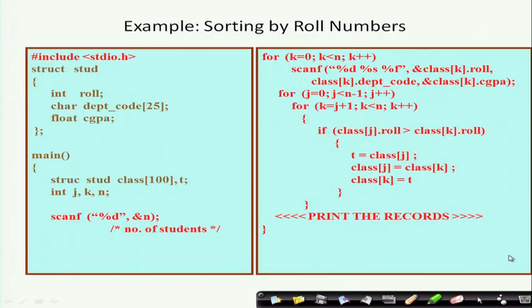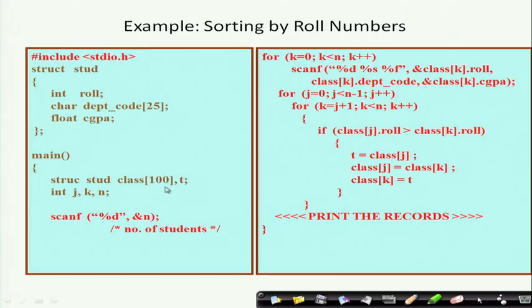Here we are trying to apply that through an example, sorting by roll numbers. Here we have got a set of students. Look at the declaration here. struct stud is the structure having roll, department code and CGPA. Now, in the main function, what are we doing?